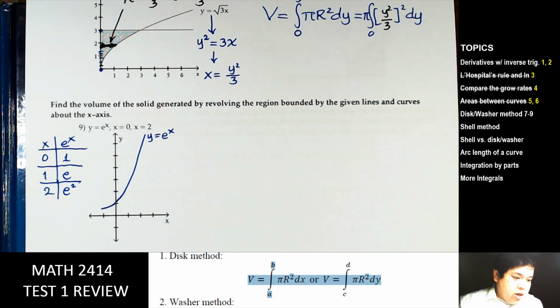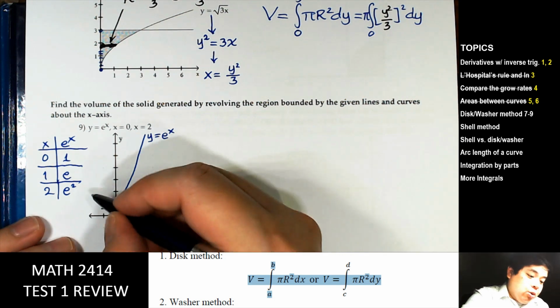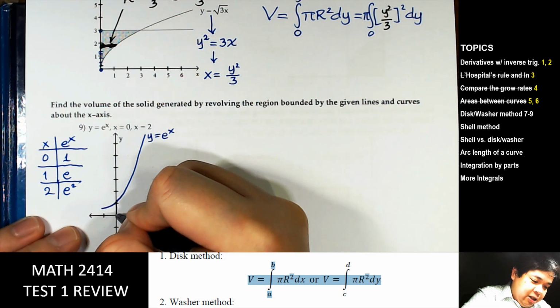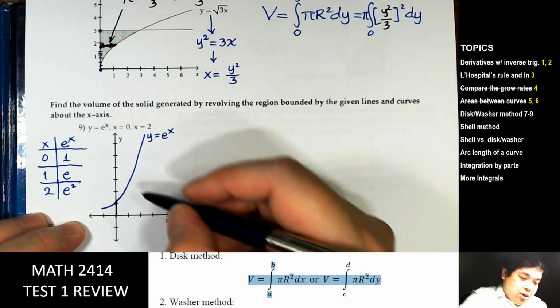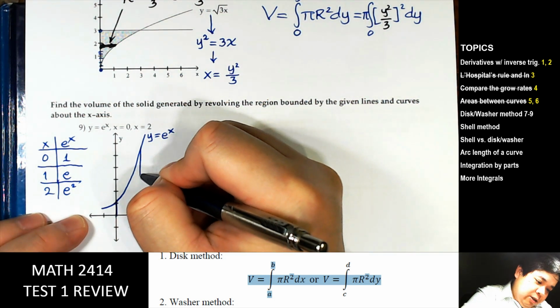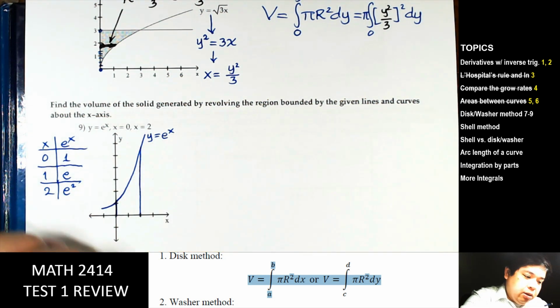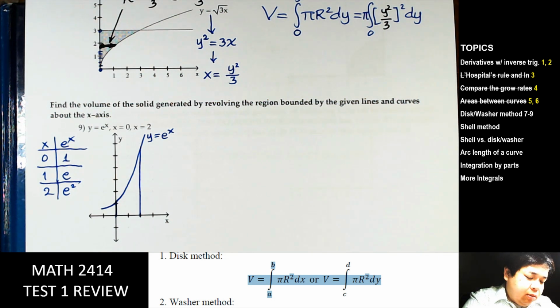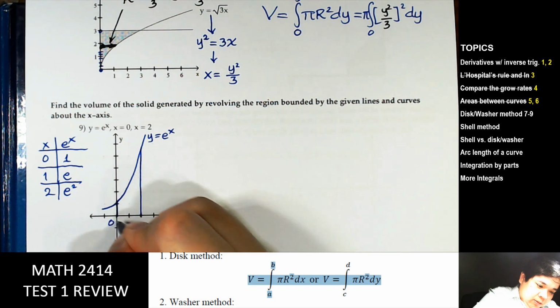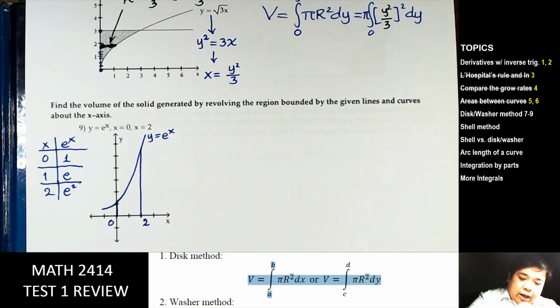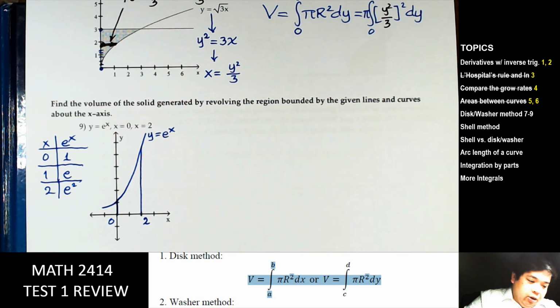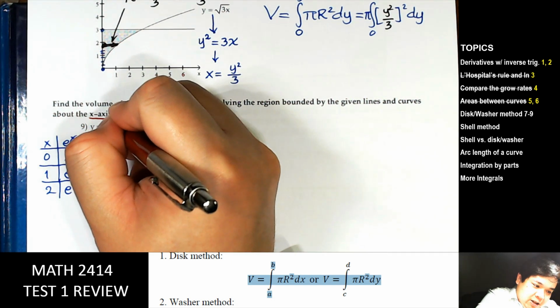And then x equal to 0. X equal to 0 is the y-axis. And then x equal to 2. And we have this rotate about the x-axis.